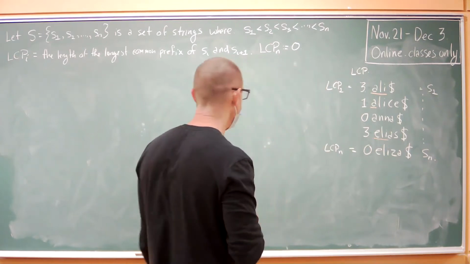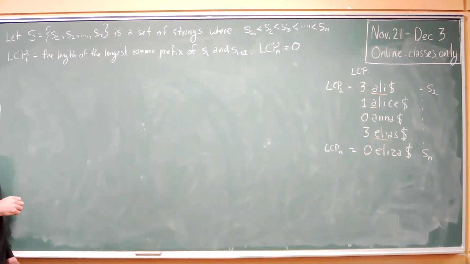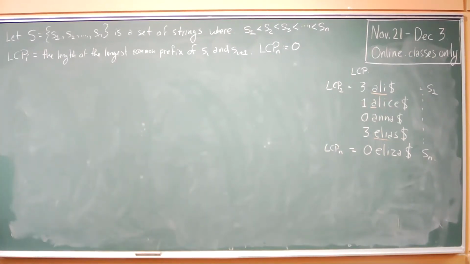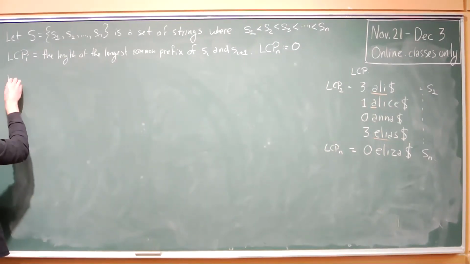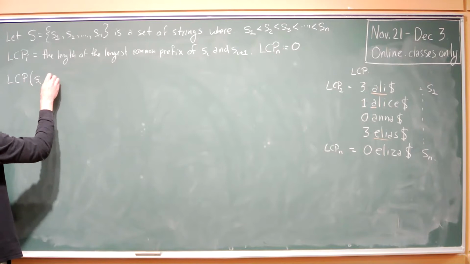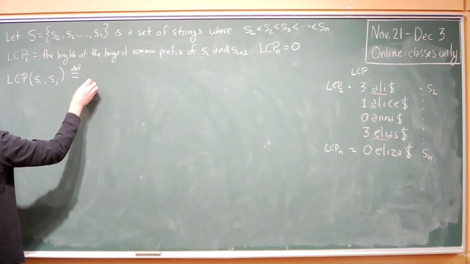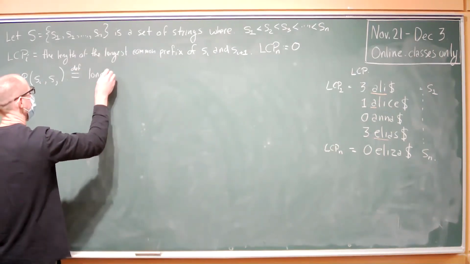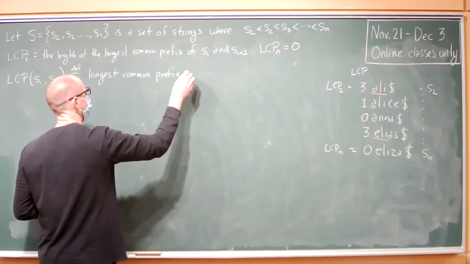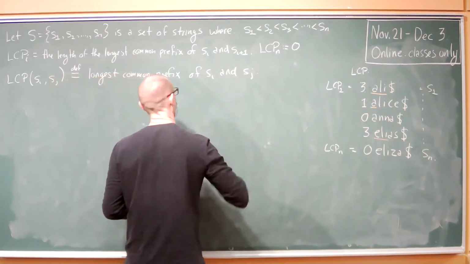And one thing you can notice, so that's one thing. I'll write this when it's just a little i. It just means the string i and the string i plus 1 that comes after it. But it'll also be handy to write something like LCP of Si, Sj, which by definition is the longest common prefix of Si and Sj.